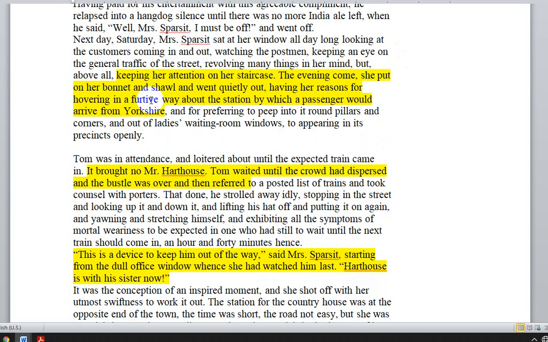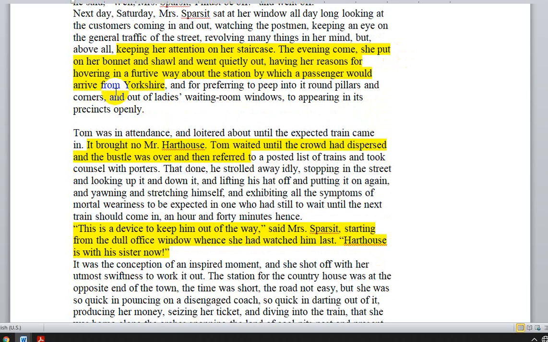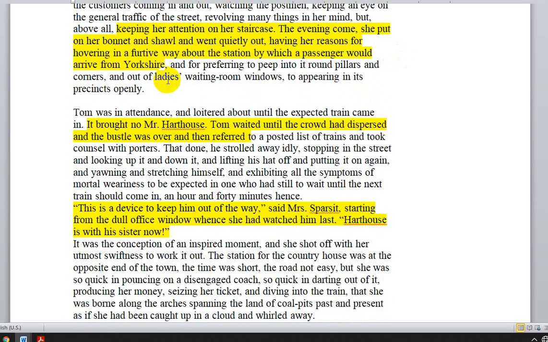The evening come, she put on her bonnet and shawl and went quickly out, having her reasons for hovering in a furtive way about the station by which a passenger would arrive from Yorkshire. As Tom said, James would come from Yorkshire this evening, so she went to the station to verify this information.